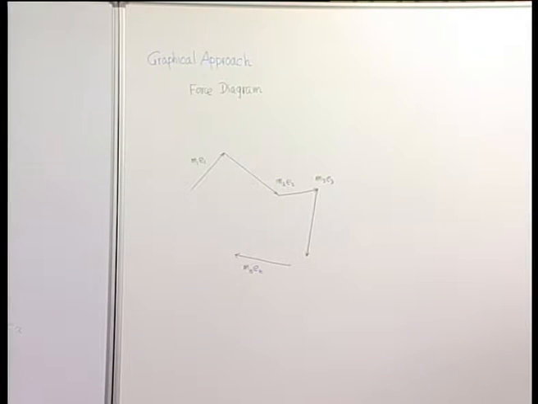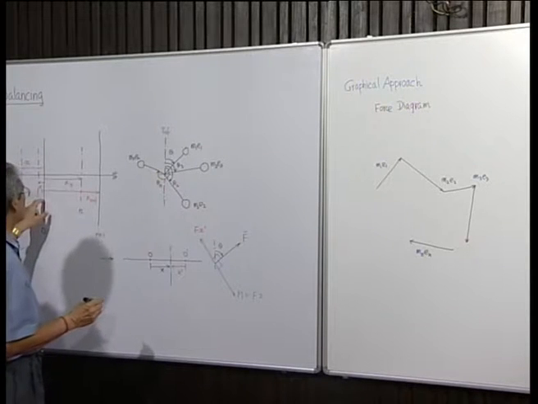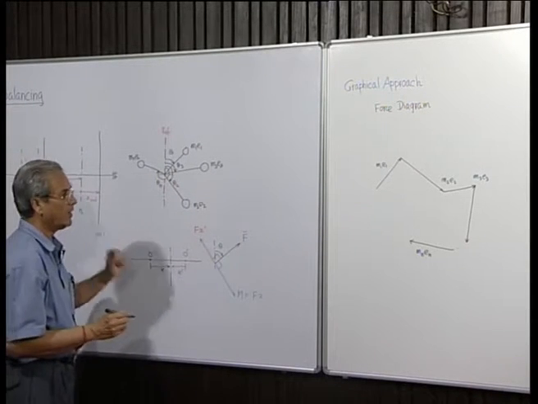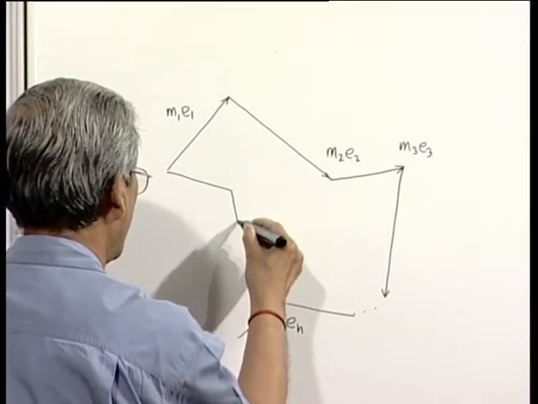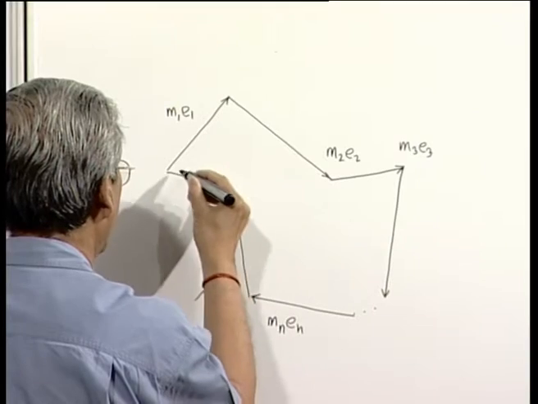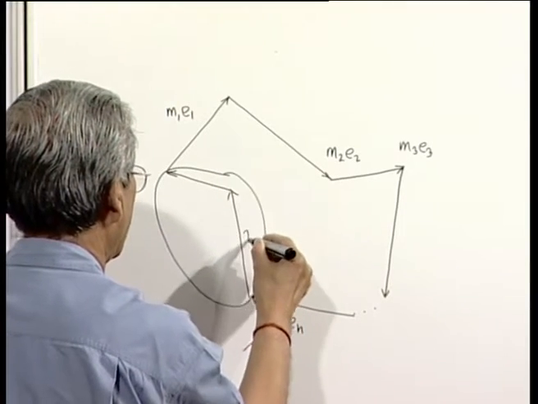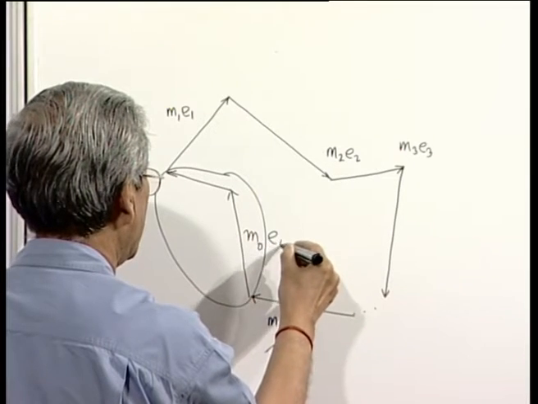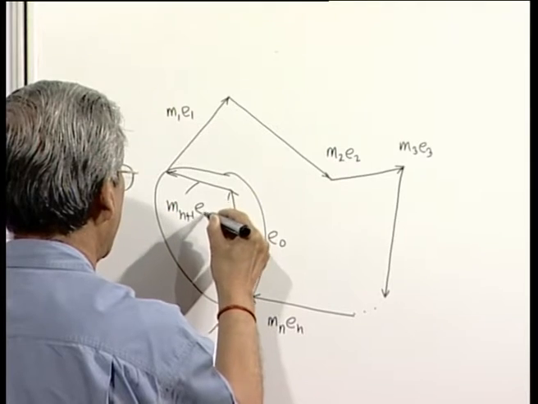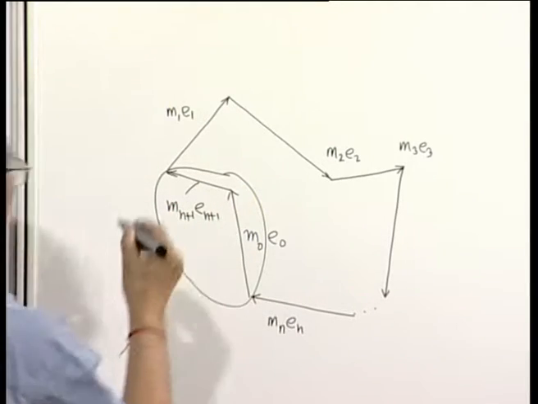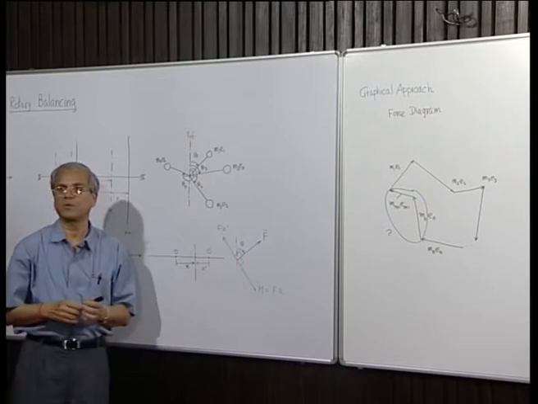Now, when we add the two forces generated by the balancing masses at this plane 0 and n plus 1, that means there will be two more vectors which we do not know, neither the magnitude nor the direction, say m0 e0 and mn plus 1 en plus 1, both are unknown. So, we cannot draw this force vector diagram.